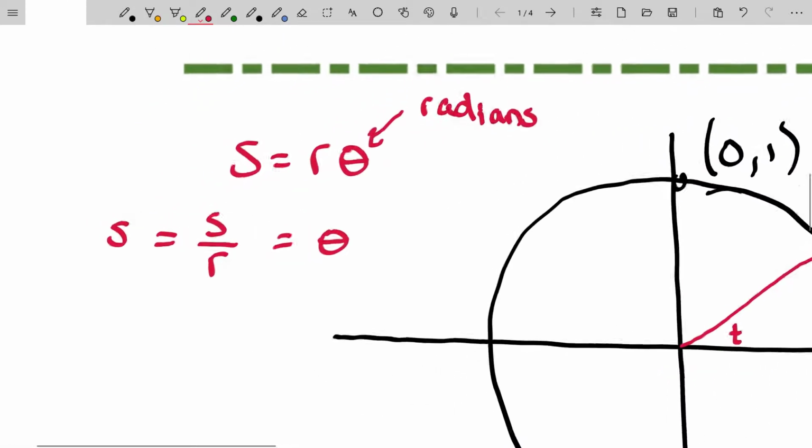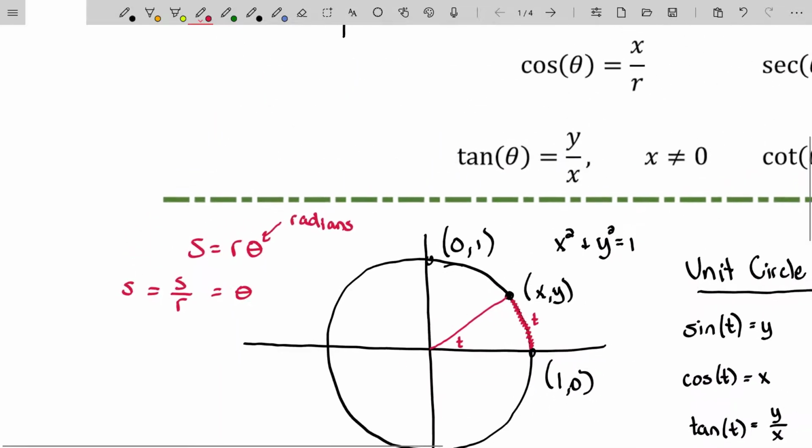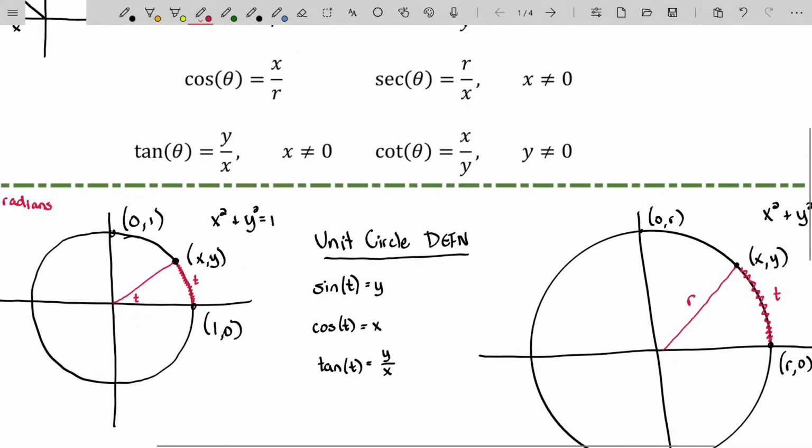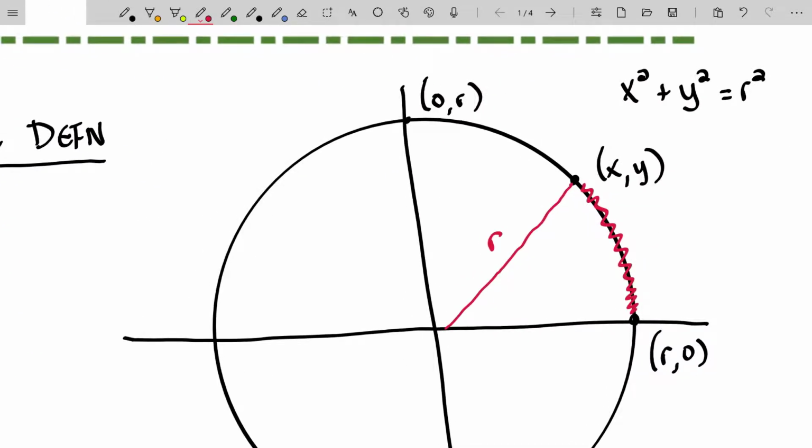Again, if the radius is 1, the angle and the arc length match. If the radius is not 1, the angle and arc length will not match, and so we cannot talk about arc length here anymore. We have to talk about angle instead.